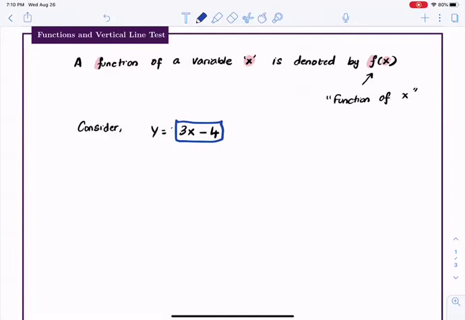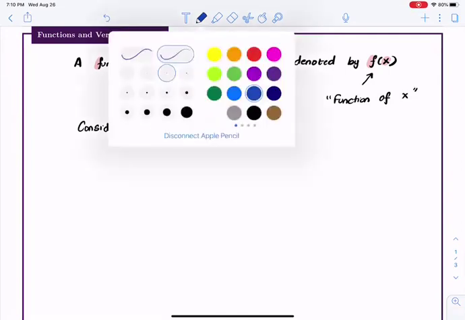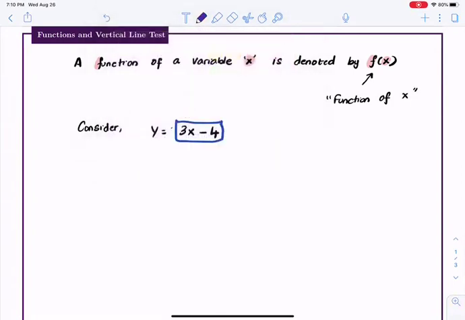So all of y depends on everything on the right-hand side. So here, that right-hand side is what we call a function, and it has x in it. So here, y is a function of x.